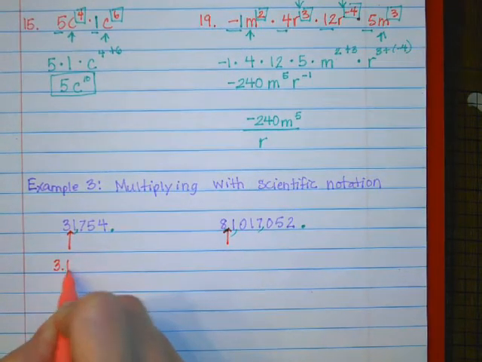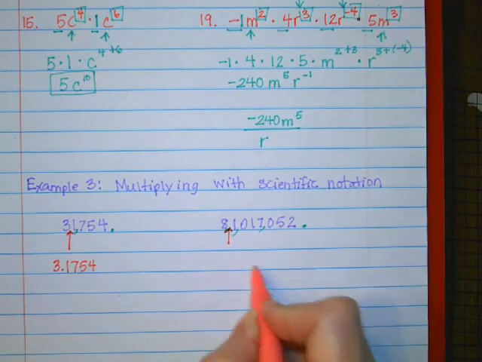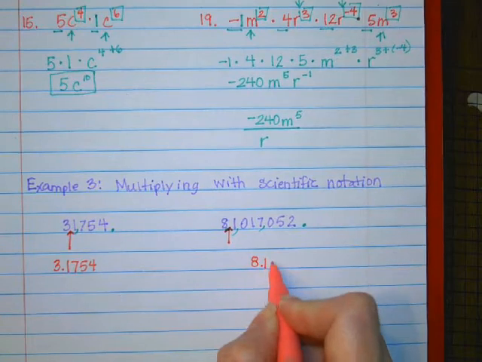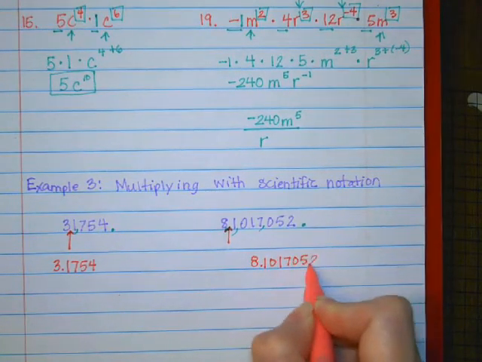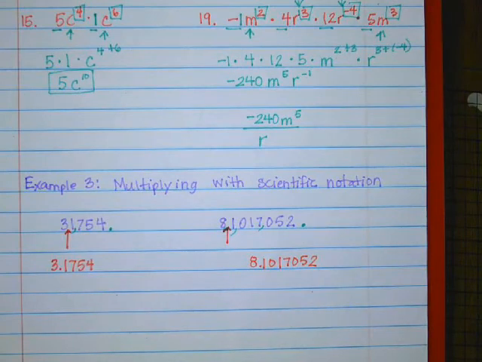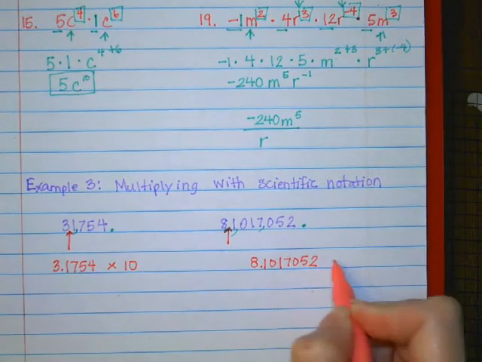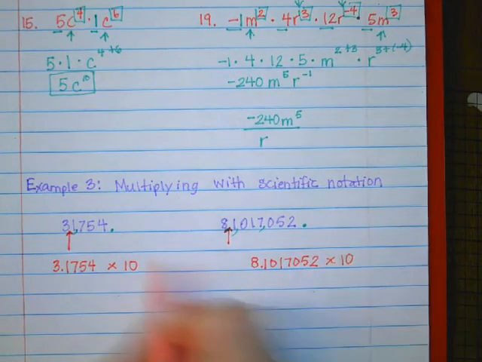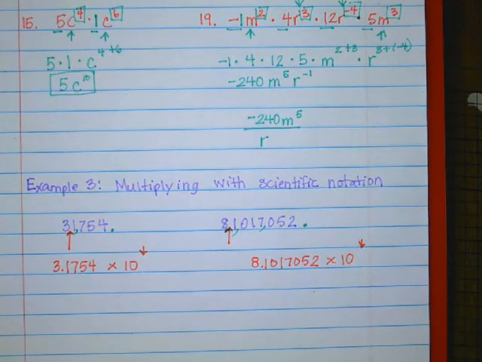So 3.1754. And I want it to be right here, so it reads 8.1017052. With scientific notation, you always write times 10 to the something. And that power that we're going to put right here and right here tells me how many places I move my decimal.